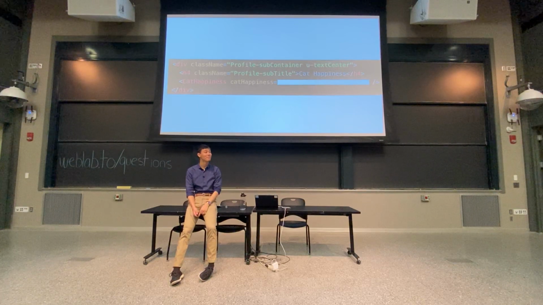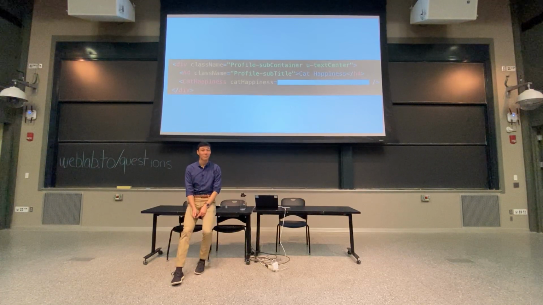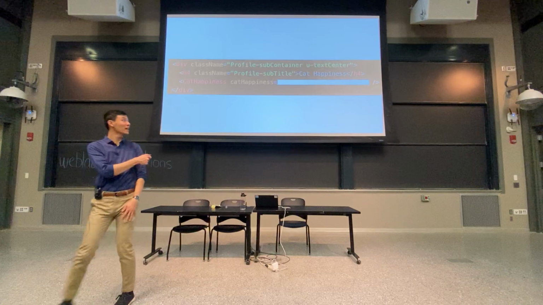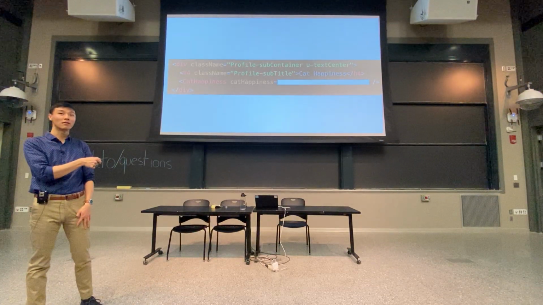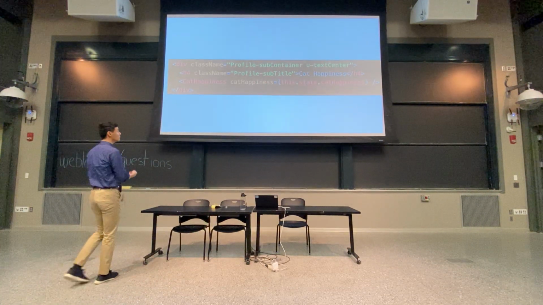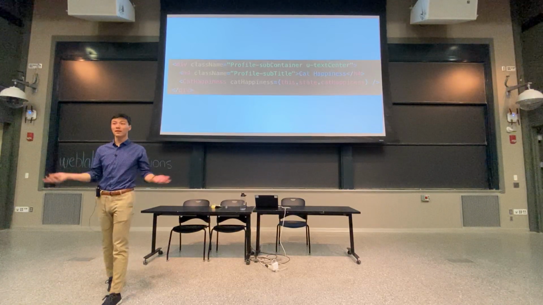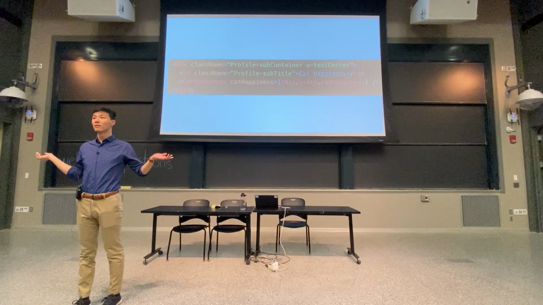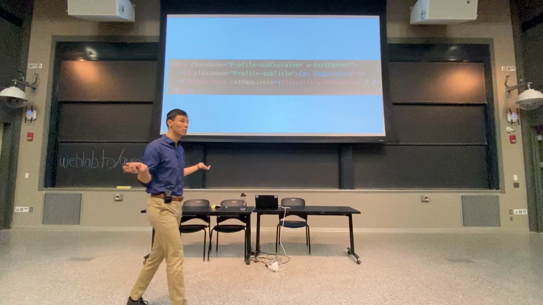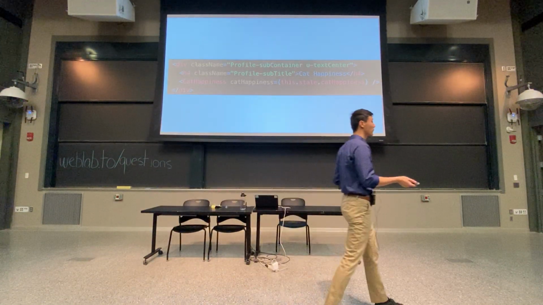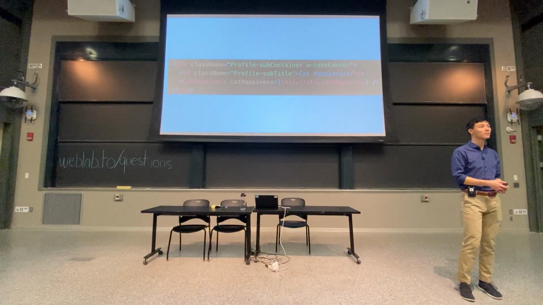Yeah, exactly. So it's basically the prop that we're passing down, right? Which in this case is this.state.cat happiness. Reasonable stuff, right? And we're just passing that down.